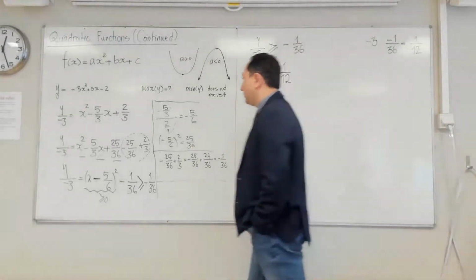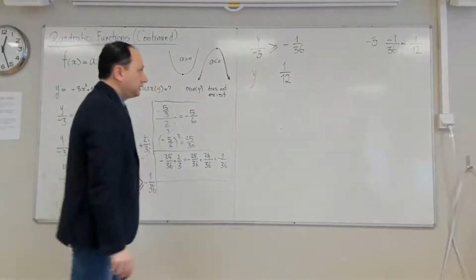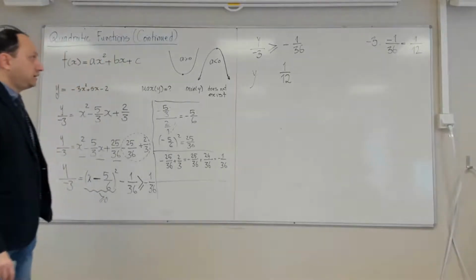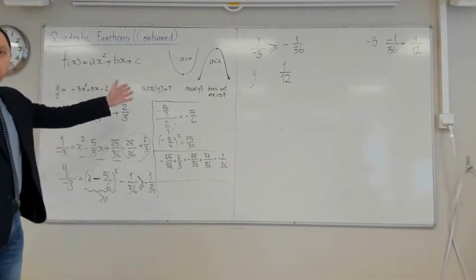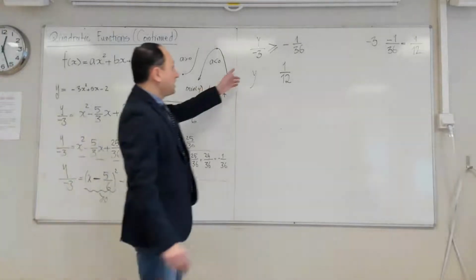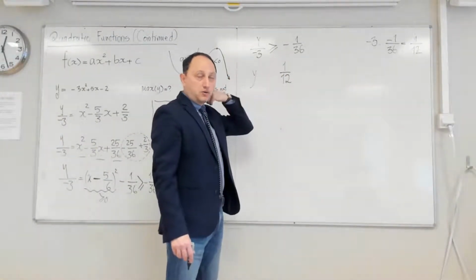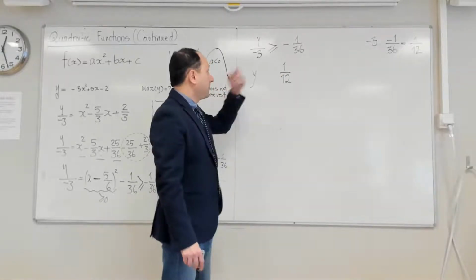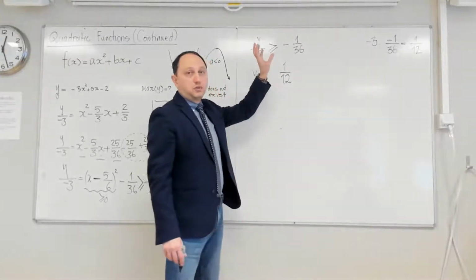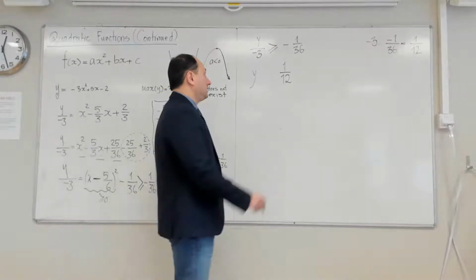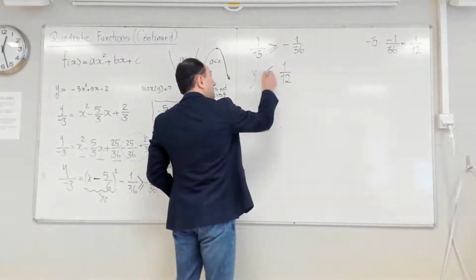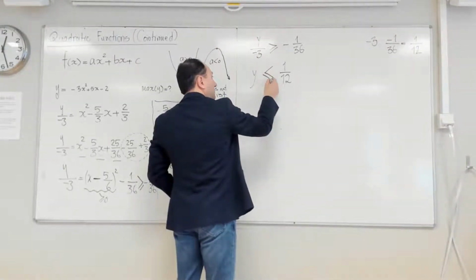But the crucial point that we learned, actually we learned it in Math 1C, but I reminded you last time, is that if you multiply both sides of an inequality, or divide both sides of an inequality, by a negative number, you have to remember that we have to switch the sign. The direction of the sign has to be flipped.